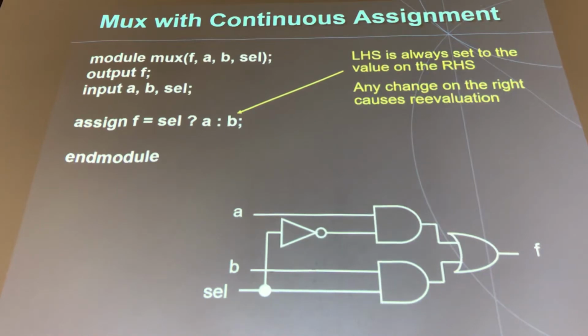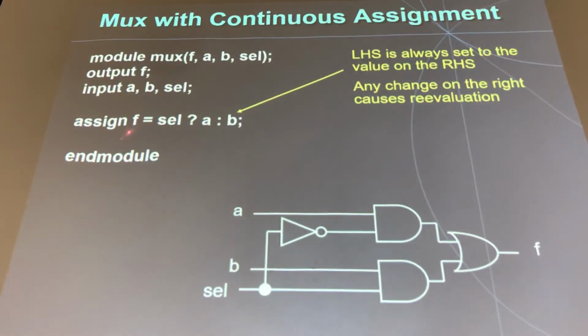We assign F; this is called continuous assignment. We continuously assign the value to F based on the following equation. When the cell is true, which is 1, A is assigned to F. When the cell is 0, meaning false, then B is assigned to F. That's exactly what this two-to-one multiplexer does, right?